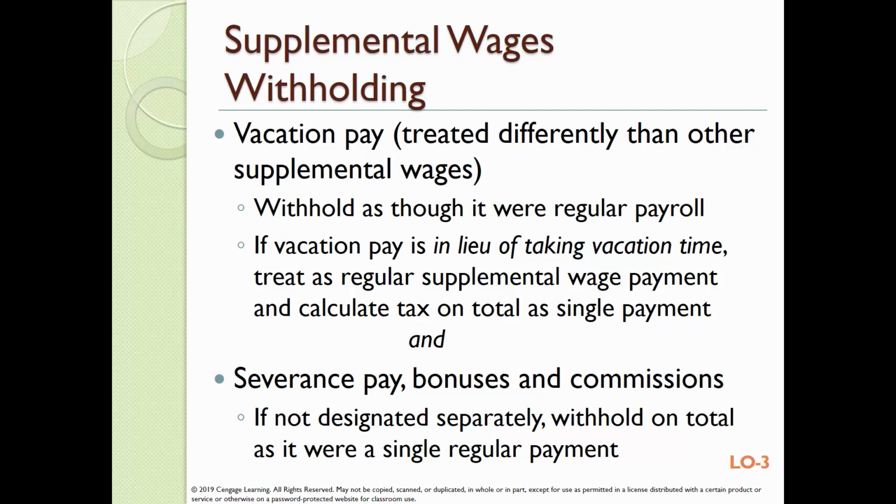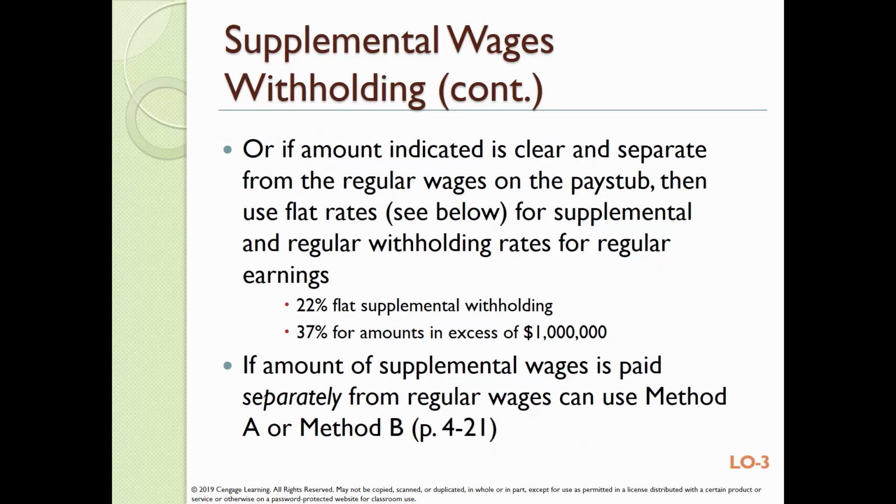And if they do that, they're going to take a straight 22% flat supplemental withholding. So if the amount is indicated as clear and separate from the regular wages on an existing pay stub or on a separate run, then they can just withhold 22% flat out. They don't have to go to the tables at all. And if that amounts over $1 million, it's 37%.